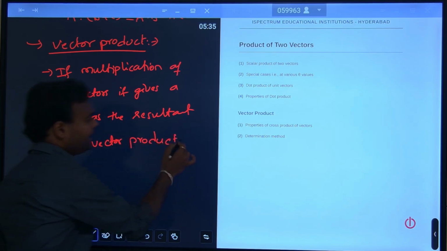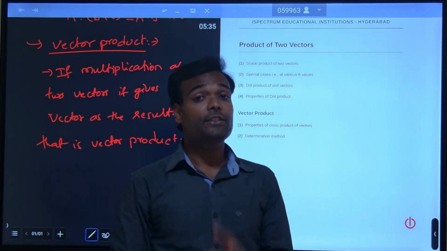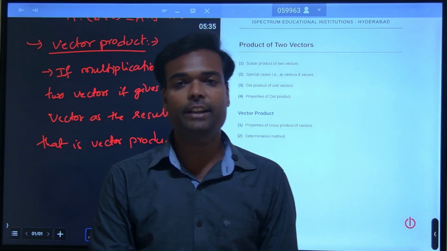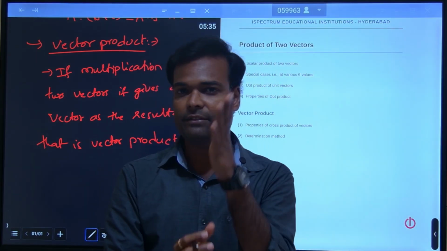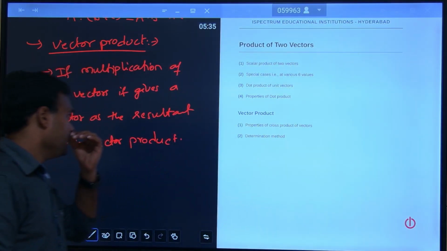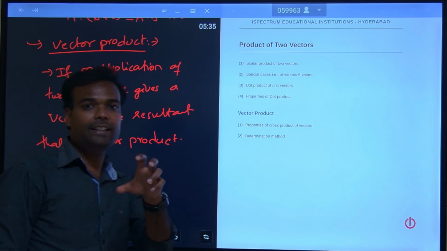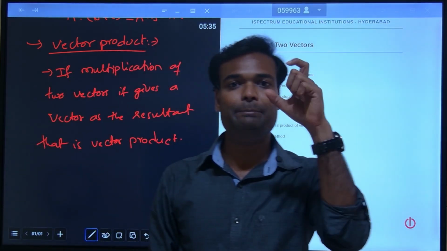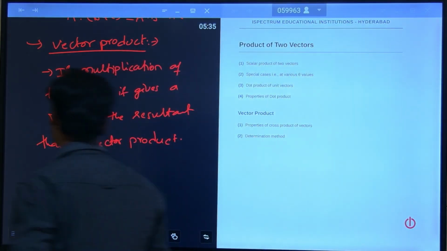Here dot product does not represent any direction, so we are not considering direction representation while we are using dot product. But vector product is representing a vector as the answer. That means it must have a direction.